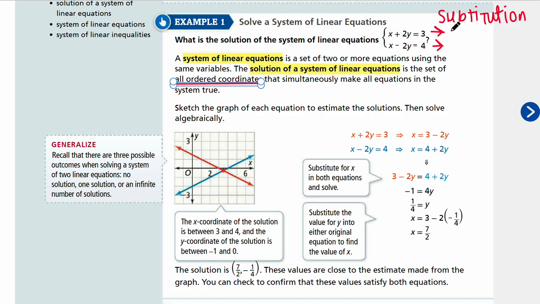So solve for y. Your y should equal negative 1 over 2x plus 3 over 2, right? And then your y should equal positive 1 over 2x minus 2.